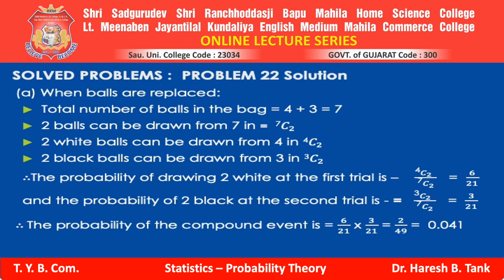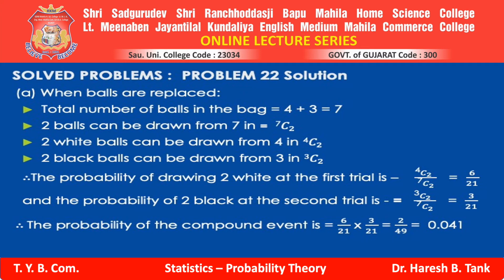That is why the probability of drawing 2 white at the first trial is 4C2 divided by 7C2, which comes to 6 by 21. And the probability of 2 black at the second trial becomes 3C2 divided by 7C2.